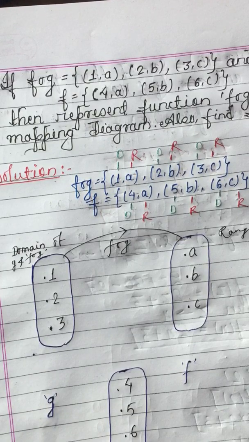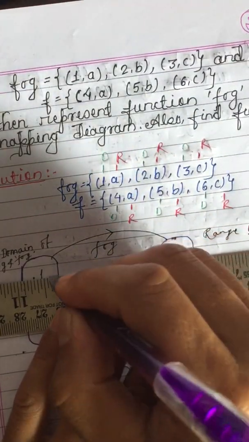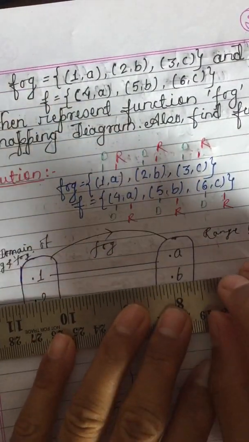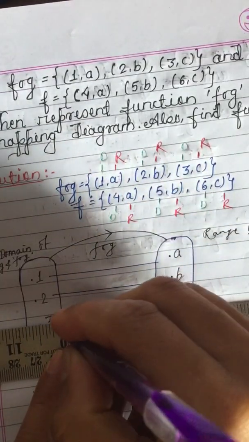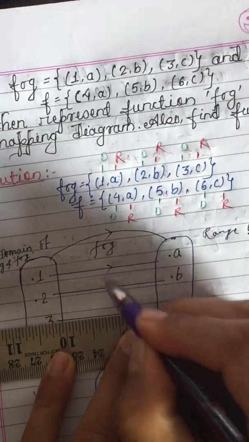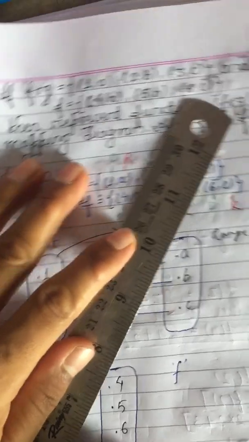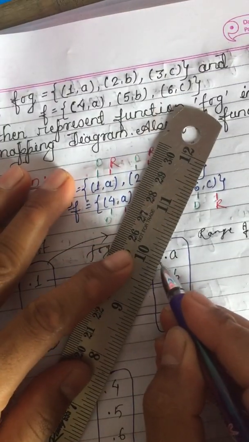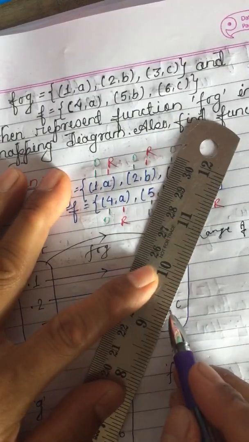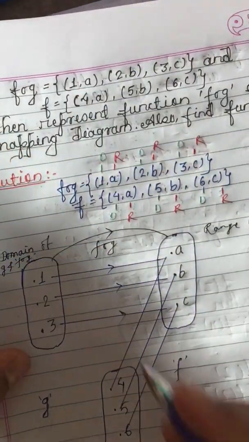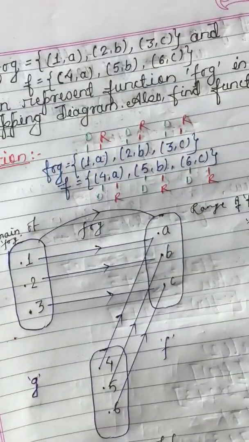Now पहिलो म्यापिङ कहाँ हुन्छ? 1 बाट A मा हुन्छ, 2 बाट B मा हुन्छ, and 3 बाट C मा हुन्छ. The next mapping will be 4 to A. 4 बाट A मा हुन्छ, 5 बाट B मा हुन्छ, 6 बाट C मा हुन्छ. यो तलबाट माथि गएको डोमेनबाट रेन्जतिर जाने हो, रेन्जबाट डोमेनतिर आउने हैन.